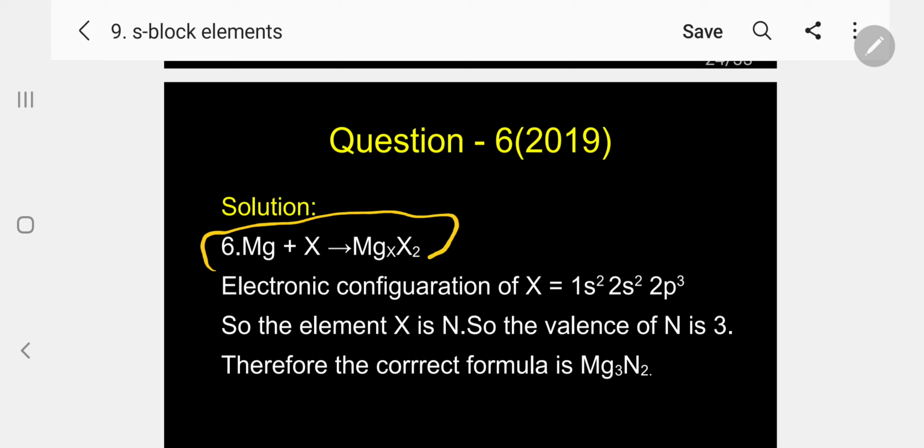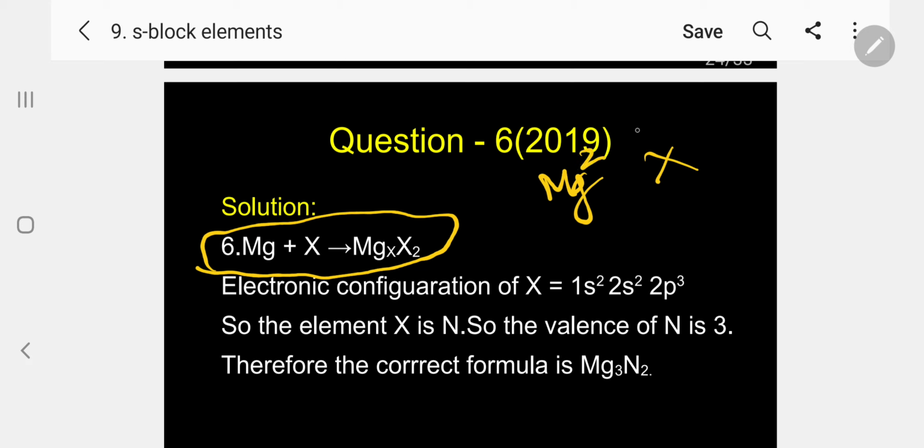Say what is happening, kindly follow. M plus X gives MX with a small x, which indicates the valency of X. Magnesium, we know, has valency 2, so I am writing 2 here. What is the general formula? M here is Mg, then this is X. When both combine, what is the rule?